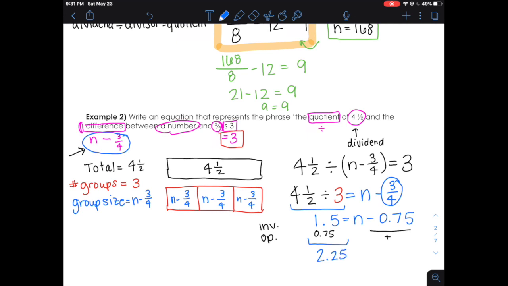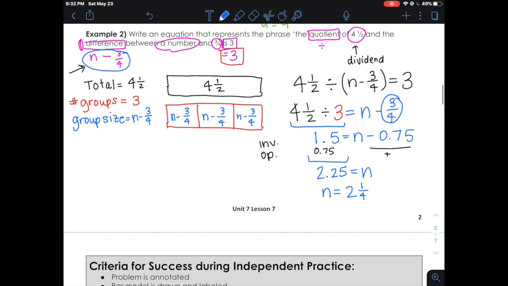And when I add it to the right side, negative 0.75 plus positive 0.75 gives us 0. So that means n minus 0, so we just have n. So it looks like n is going to equal 2 1/4, or 2.25. Let's put it back into a fraction since that's what we were using before. So 25 cents is 1/4, so 1 out of 4.